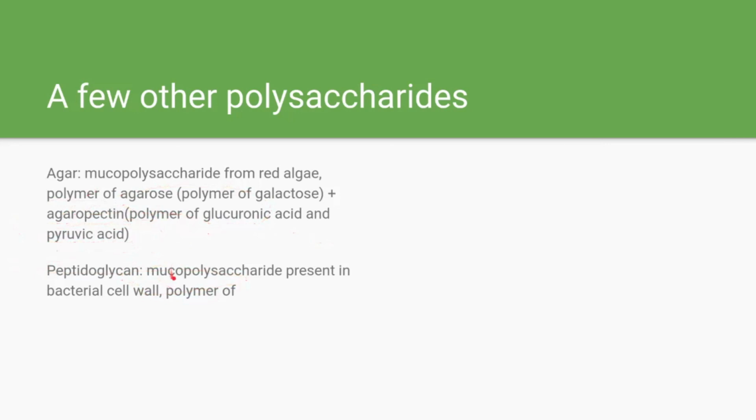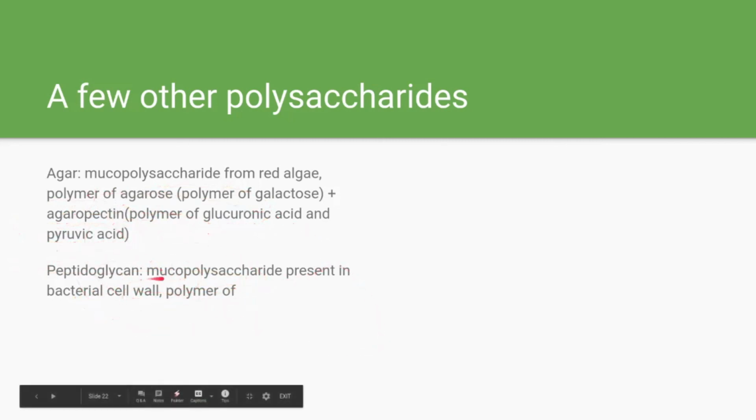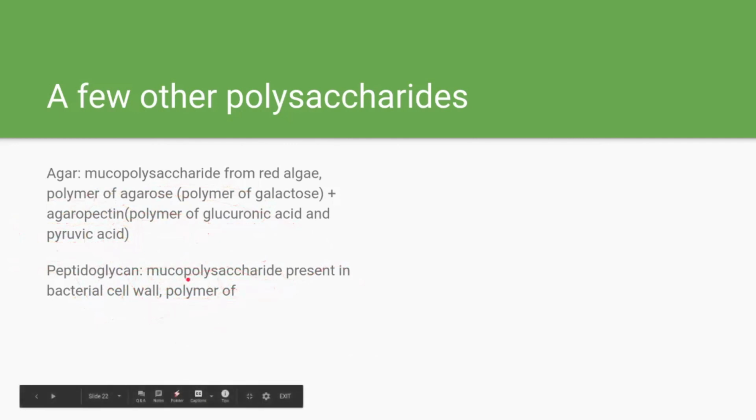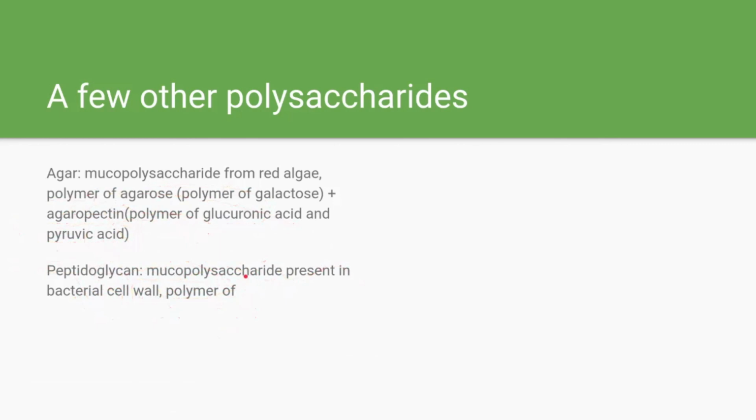It's another slimy mucor polysaccharide you find in the bacterial cell wall, which is a polymer of N-acetyl glucosamine and N-acetyl muramic acid. So it's another heteropolymer. You find this in the bacterial cell wall. It gives the cell wall some weird properties which can give it the potential to cause infections, pathogenicity.